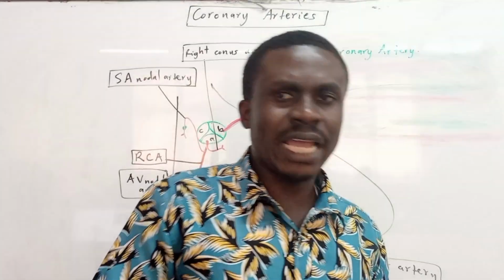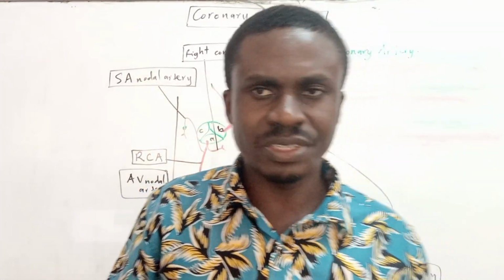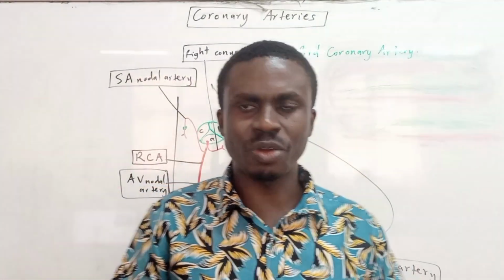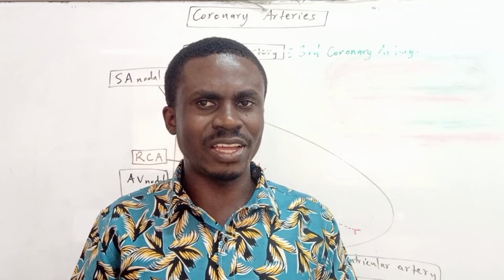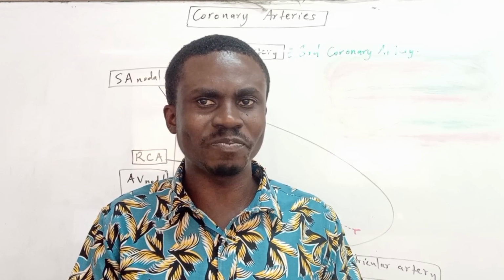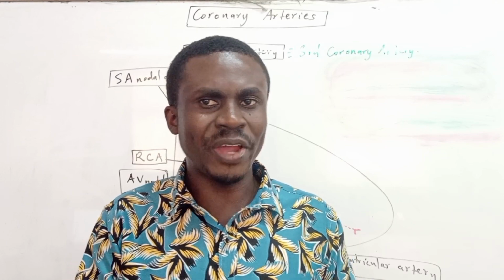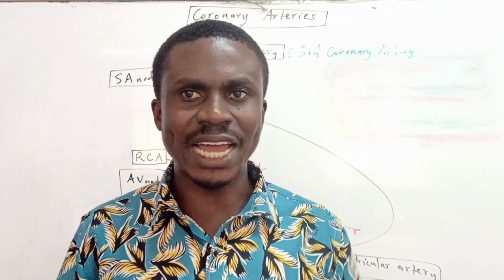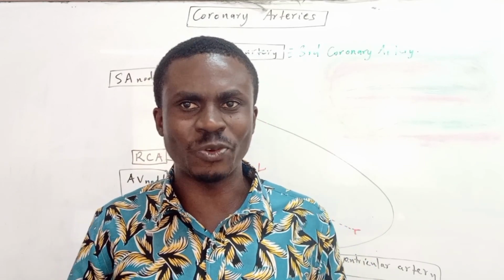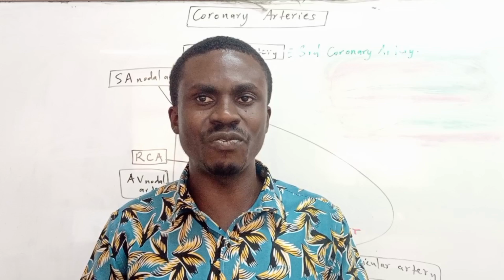Now, there was one time someone asked me a question in a gross anatomy laboratory. We say the heart is myogenic. The walls of the heart, the cardiac muscles, beat on their own and relax on their own without external nervous stimulation.